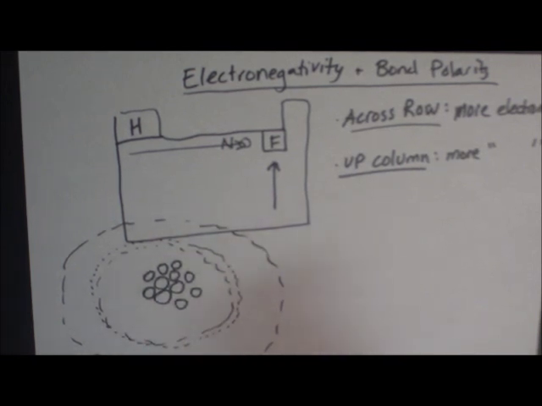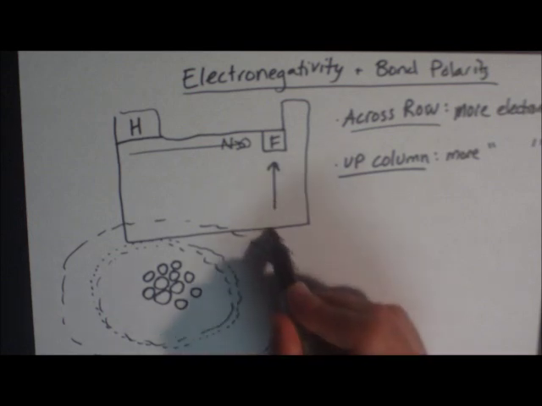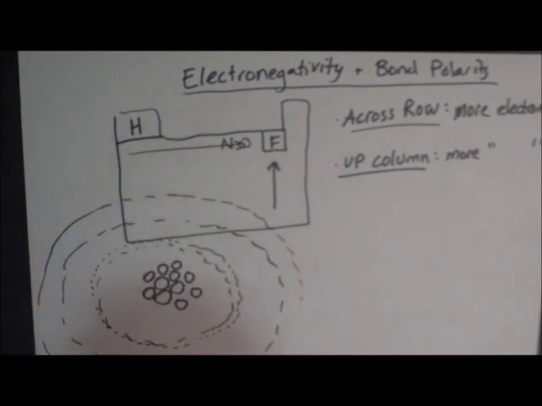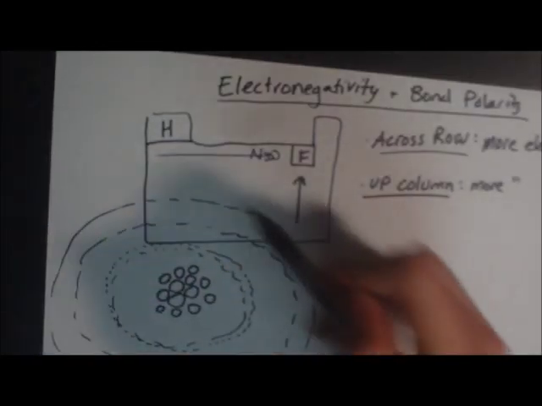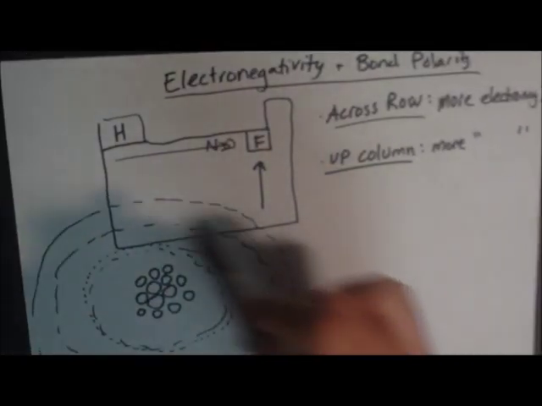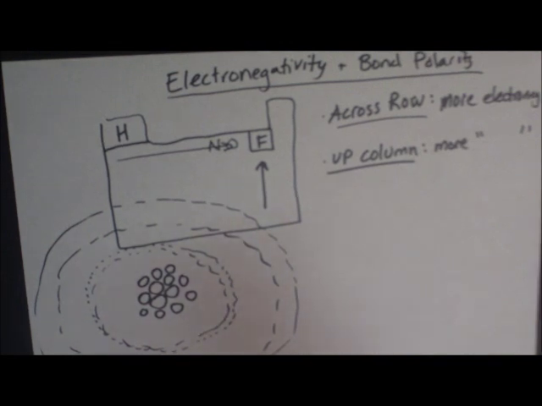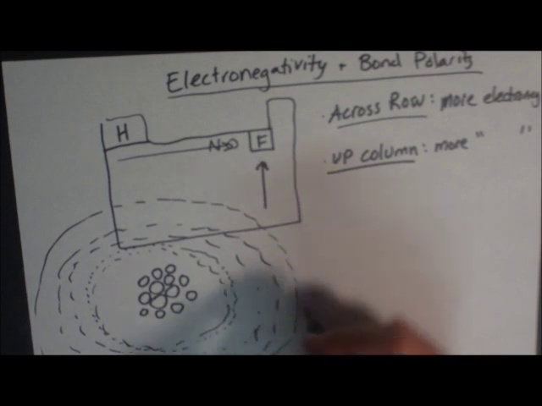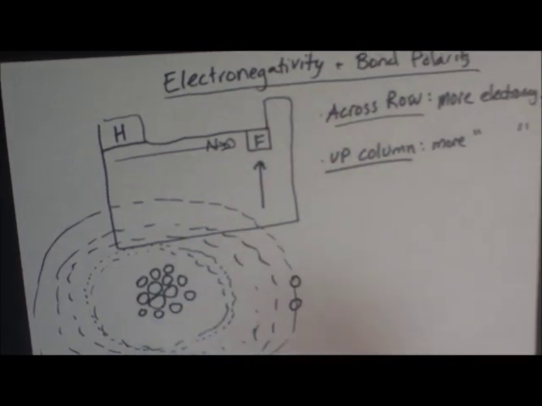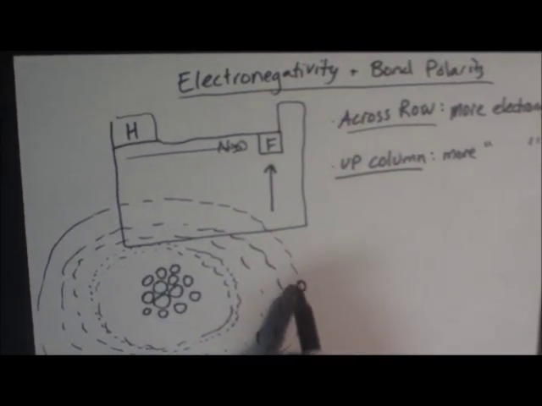So in this drawing, as we go down the column, we get more protons, but our electrons are also going to be very, very far away from the nucleus. And as you get farther away, you're going to be getting more rows of electrons. So here's our valence shell, the very furthest shell of electrons. I might just draw in a few pretend electrons.